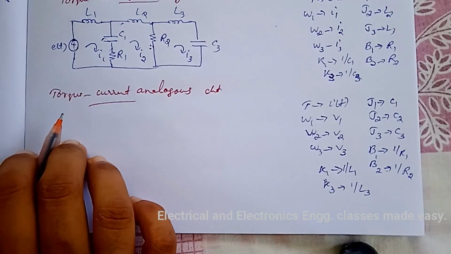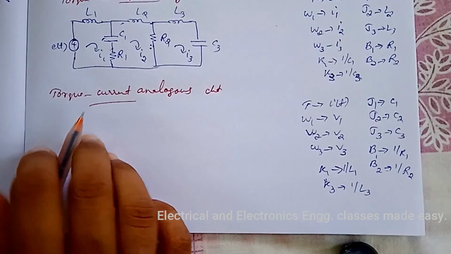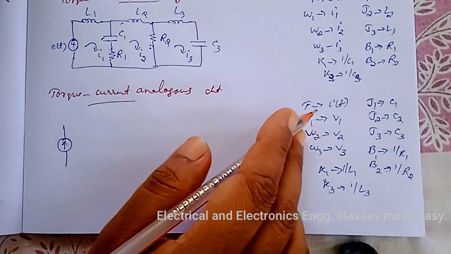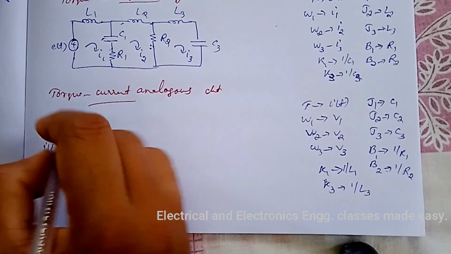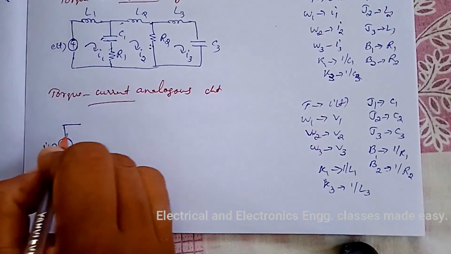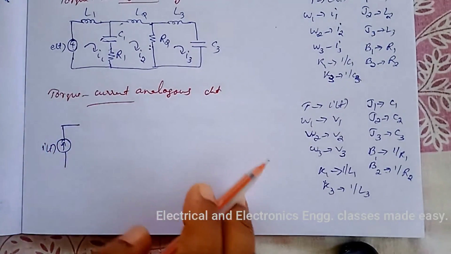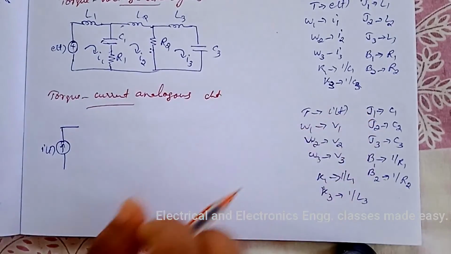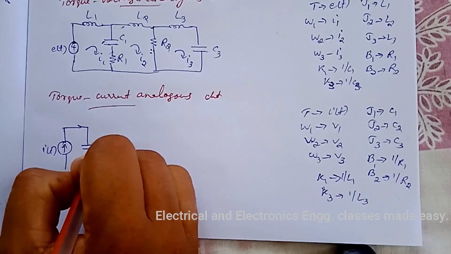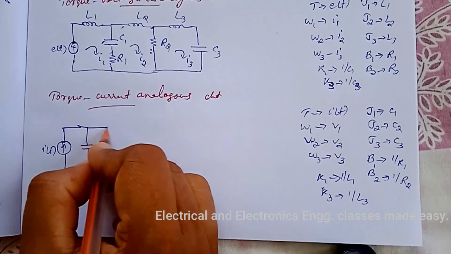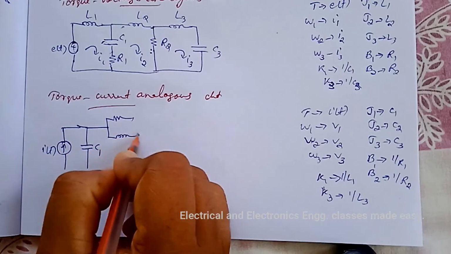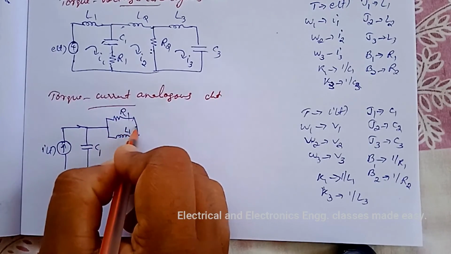So here first of all we have to draw the current source, that is I of t. Then in the first equation J1 is there. J1 is analogous to capacitor C1, that is parallel. Here all the elements are parallel and the common elements are R1 and L1.